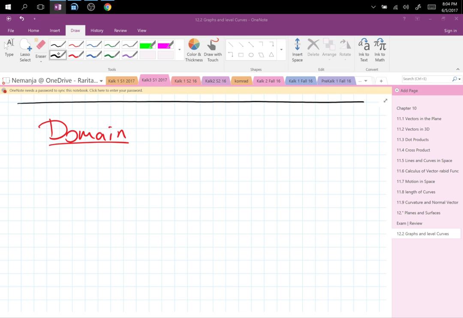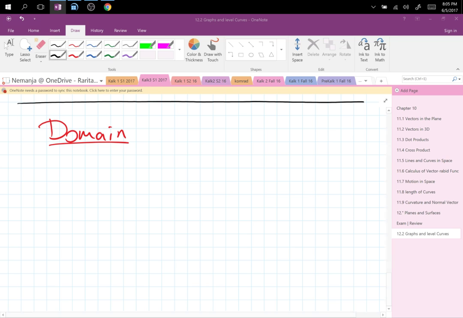We are not interested too much with the polynomial and stuff, because we know that polynomial looking problems are all okay. All points are in the domain. Where we are more concerned is when you have ln around and the square root around and all of the denominators, because those make parts of the function not exist, or denominator equal to 0 means it's undefined, and so on.